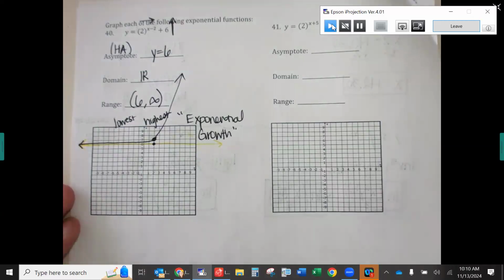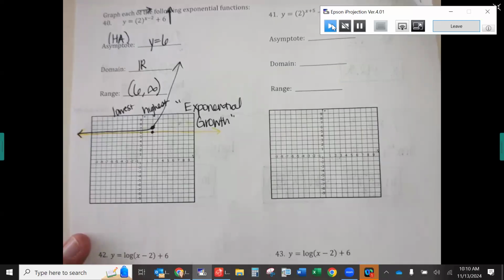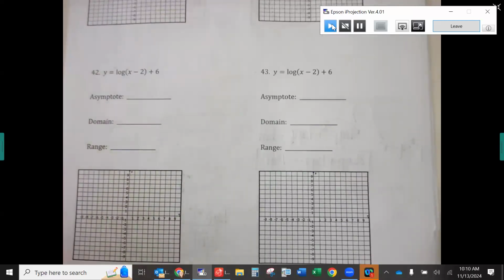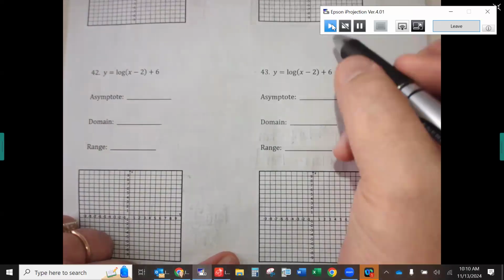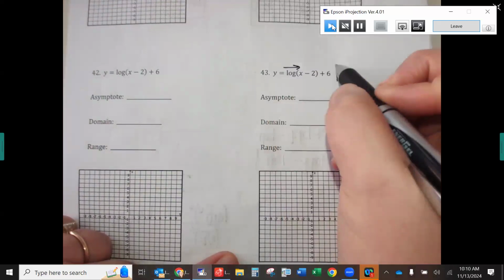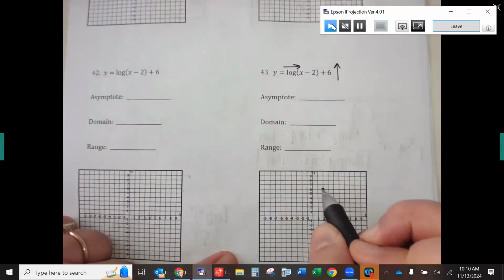All right, go down to number 43. Number 43 is a log. I have a -2 in parentheses. What do we do? Left, right, up, or down? To the right. What about my +6? Up 6. So go to the right 2 and up 6.